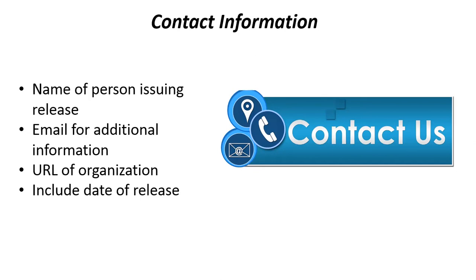If you do a search for press release templates, you'll see the bottom of most press releases have the information regarding the person in that organization that issues press releases. For media inquiries, you'll see that a lot. So for this, just put your name, your email address, and the date of the release. All press releases should also have dates.